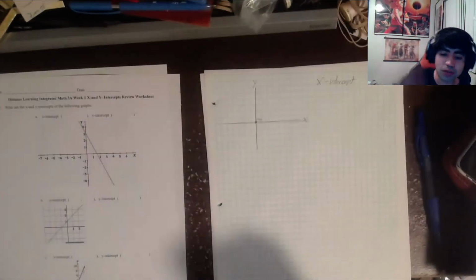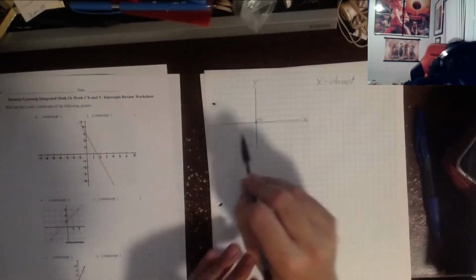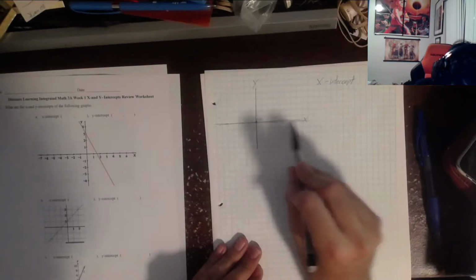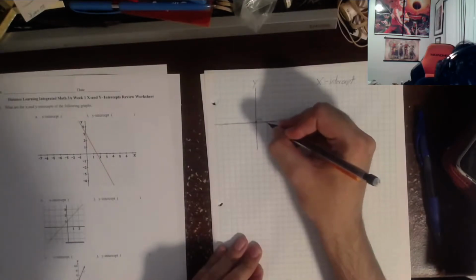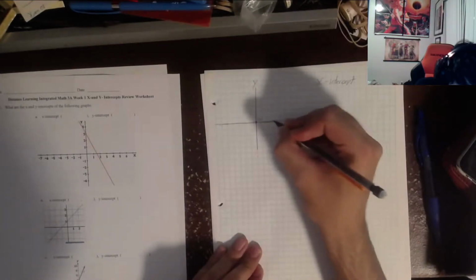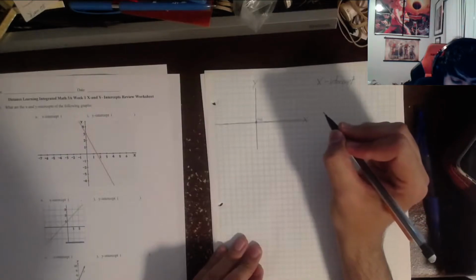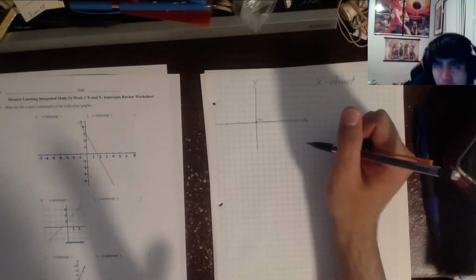You can look at it like the floor on a building. This is the ground floor. There's no above or down. It's just completely flat. That's your x-axis. That's how you can look at it.